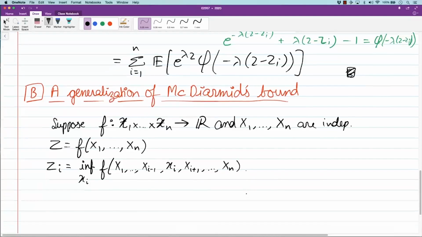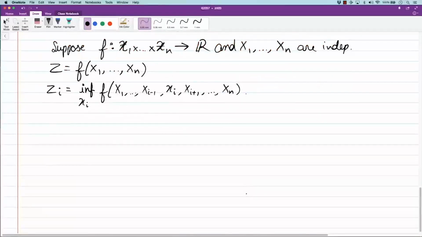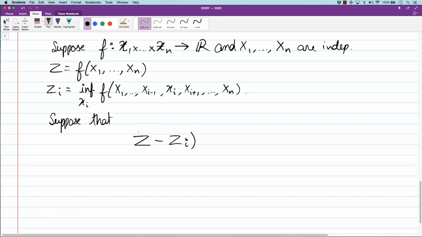Okay, that's what this guy is. So suppose we assume that the summation i equal to 1 to n of z minus zi squared, so this is non-negative, okay, suppose this is less than or equal to v.